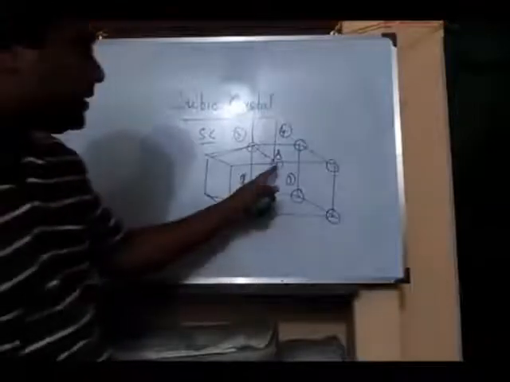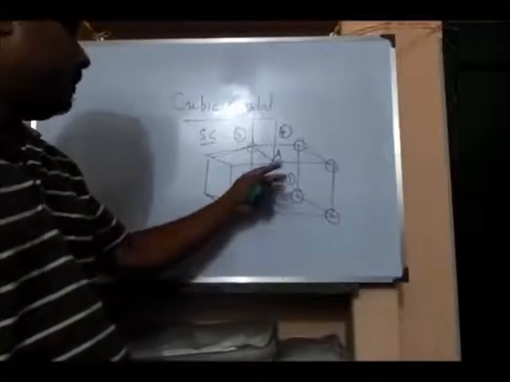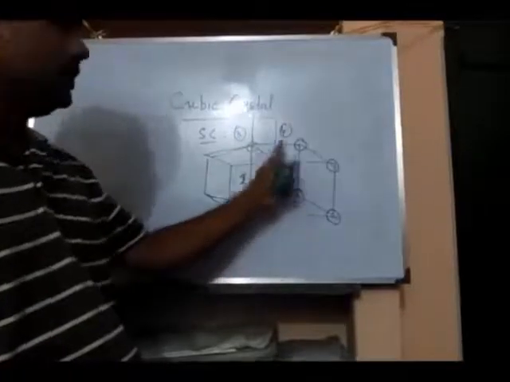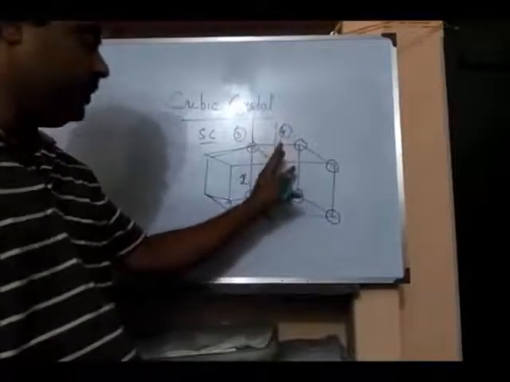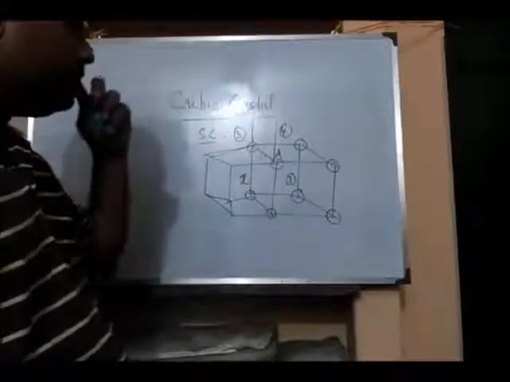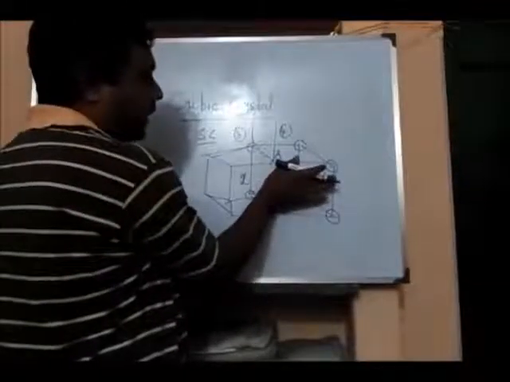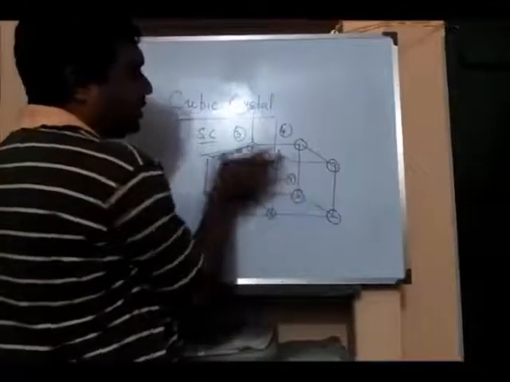So this atom is basically a part of this 4 unit cell, and not only that, this atom is a part of other unit cell also, which is lying on this surface.